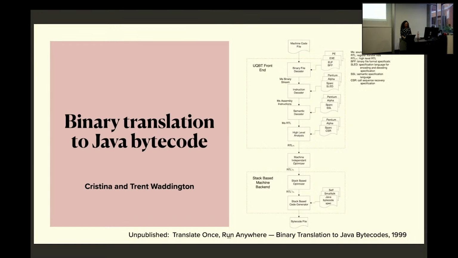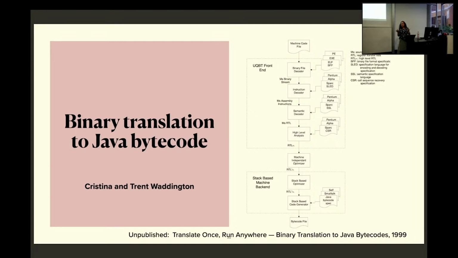And then Java was becoming a thing at the time, and Java had bytecodes. With Trent Waddington, who's also here, one of the new students at the time, we went, how about translating to bytecodes?